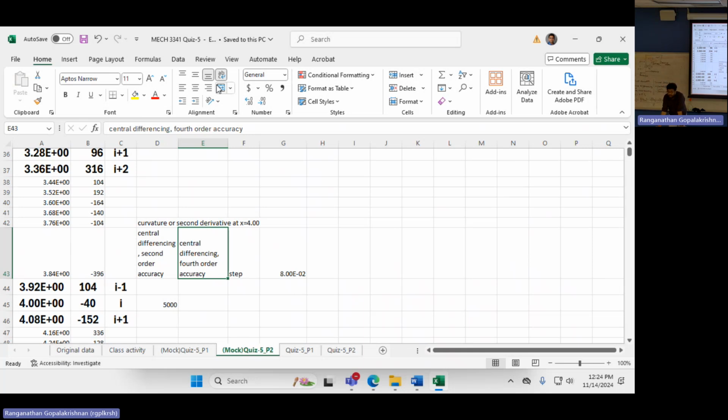I asked for second derivative. That is line 4: minus fi plus 2 plus 16 fi plus 1 minus 30 fi plus 16 fi minus 1 minus fi minus 2. That's your formula. It would make more sense if you had the book in front of you.